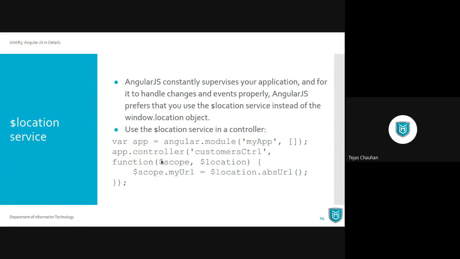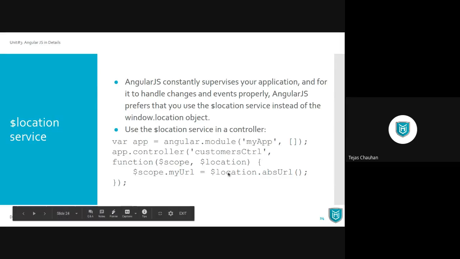Remember what I said? If you want to use any of the services, then you need to give that service as a dependency in your controller function. So when you define your controller, in that controller function, you must have that service dependency. Now once you have that, you can use it directly.